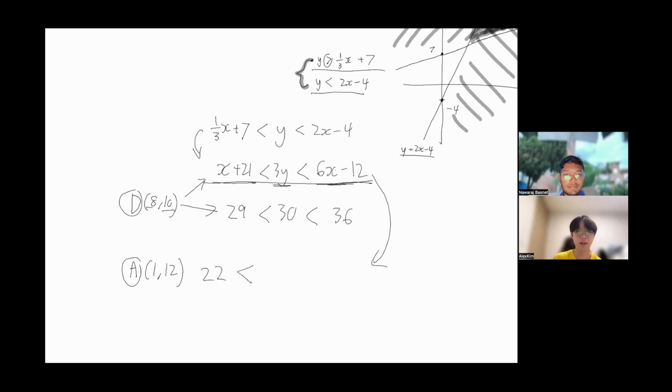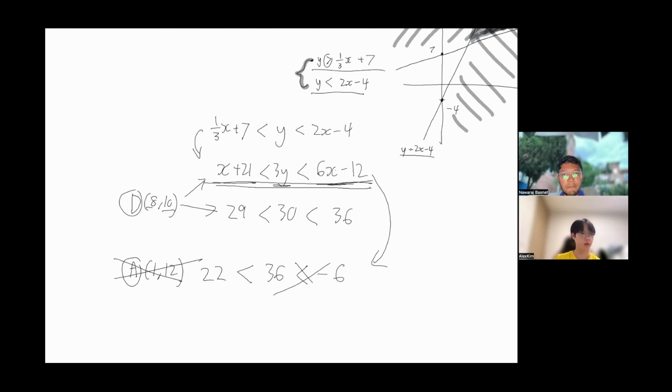And bigger than that is 3 times y, which is 3 times 12, so 36. And then put 1 again, it will be 6 minus 12, which is minus 6. Oh, but this does not make sense, right? Yes, sir. Yeah, so that's why A cannot be the right answer, because the values of A do not satisfy this relationship.